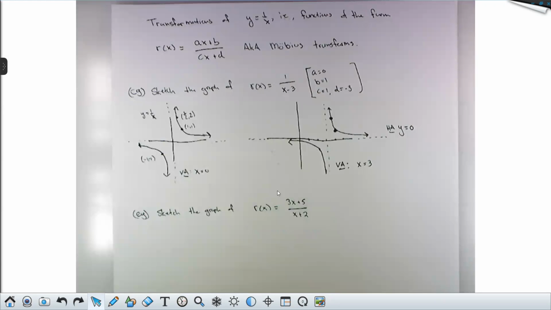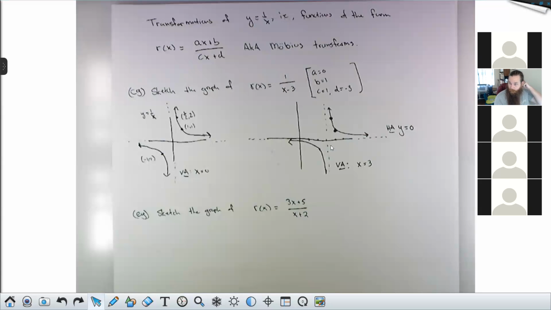The trick here is going to be to do some long division, right? In 1 over x and 1 over x minus 3, the degree of the top is strictly less than the degree of the bottom, right? This is a constant over a linear thing. Constant over linear. Here I have linear over linear, degree 1 divided by degree 1. That's what's called an improper rational function.